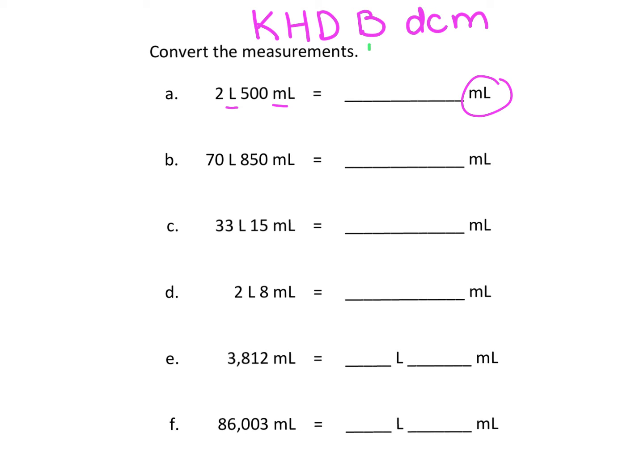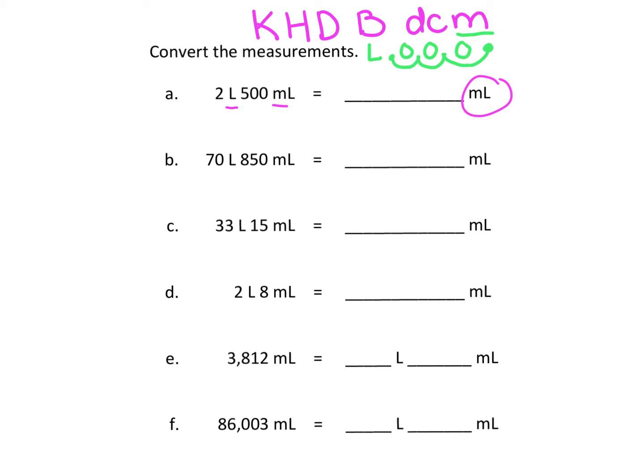So since liter is our base and we need to get to milliliters, we're going to move our decimal to the right 3 points and multiply by 10 3 times.